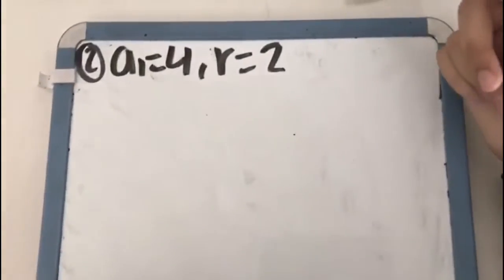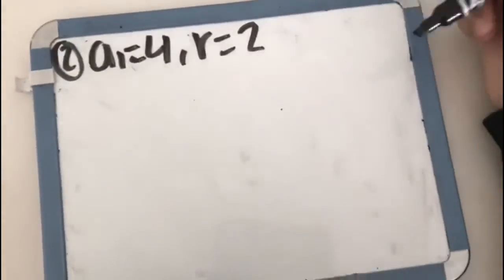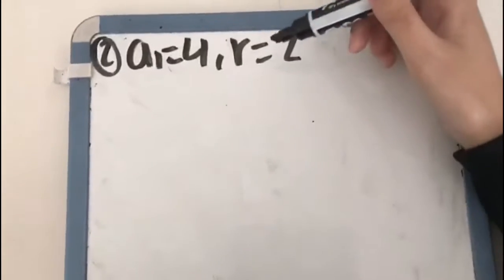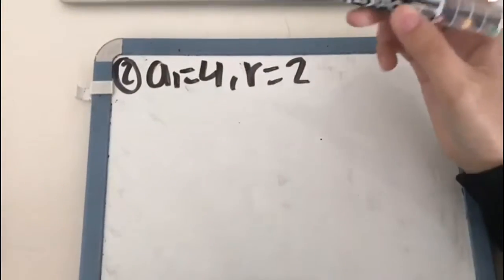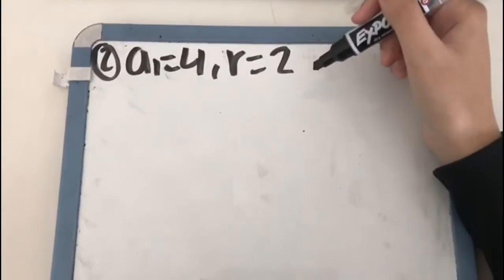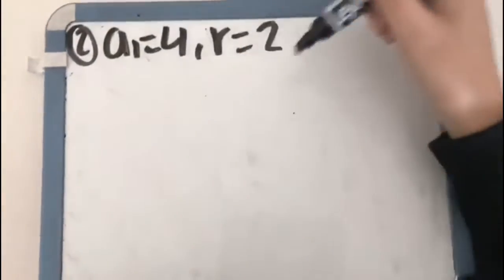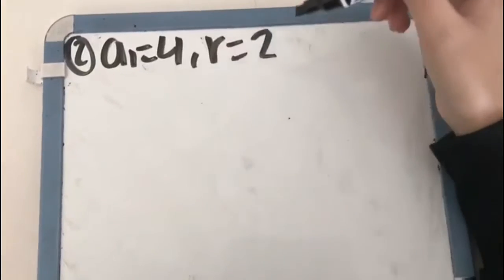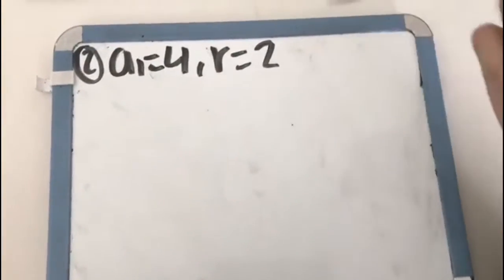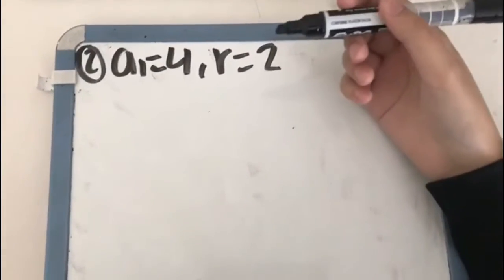Okay, so the second problem includes just two pieces of information to find the equation. Basically A1 and R are the things to substitute in a formula to find the equation.